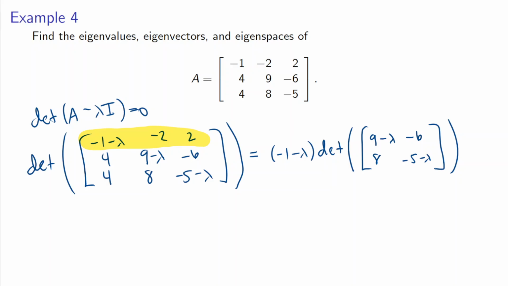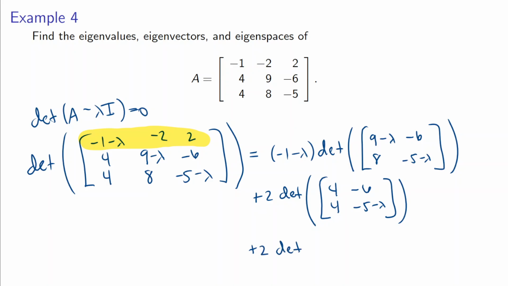And then moving on to our next one, it's going to be a minus, and then we have a -2, so a +2 times the determinant of the 2 by 2 matrix we get by eliminating the first row and the second column. So 4, -6, 4, -5 minus lambda, and then plus minus plus, so +2 times the determinant of 4, 9 minus lambda, 4, 8.